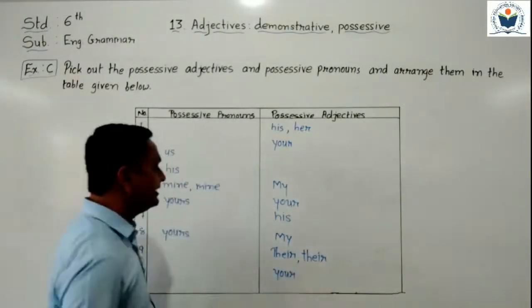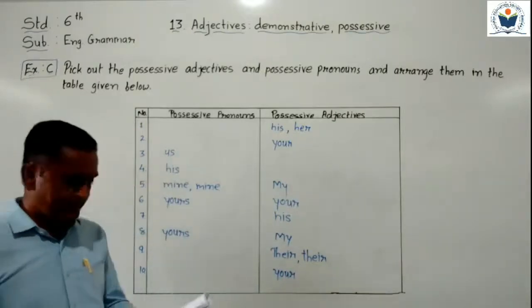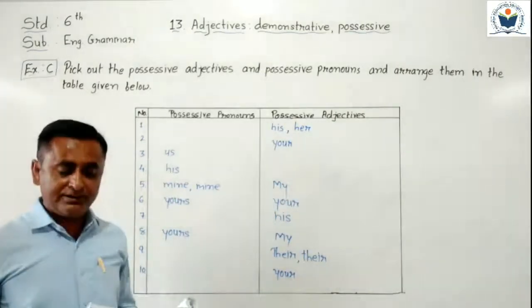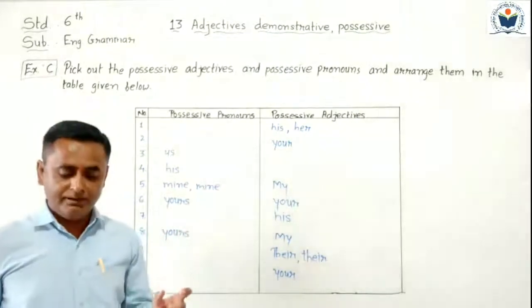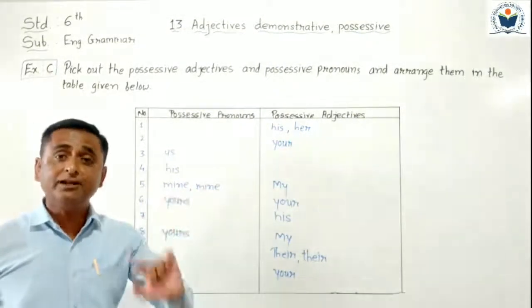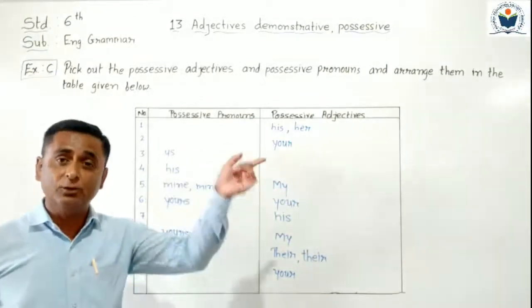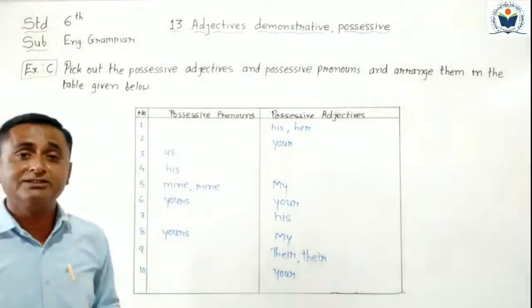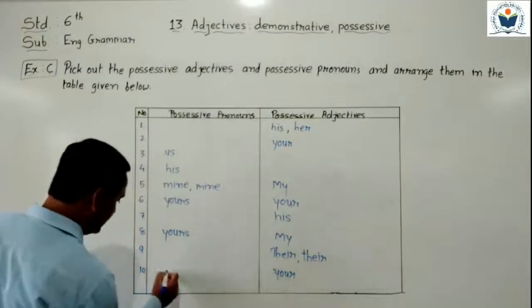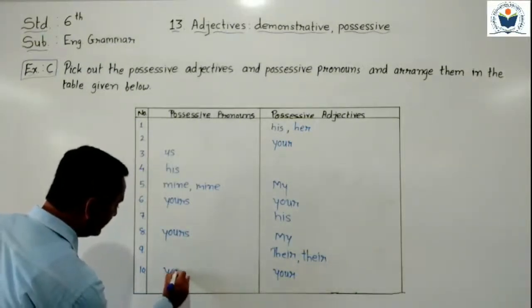Then the second yours is given at the end: will be yours. Here after yours, no noun is followed. So we can say that the last yours is a possessive pronoun. So in possessive pronoun, 10th number, we have to write yours.